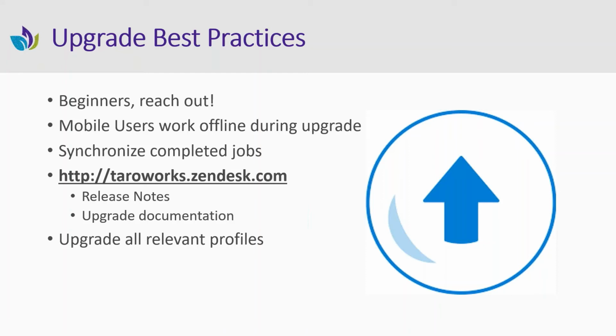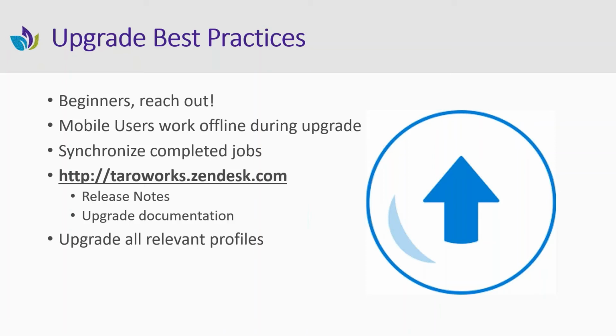So that is our site with the release notes and upgrade documentation. It's always advisable to read our release notes before you do an upgrade. And mainly the reason that we offer to walk you through this upgrade process is to ensure that you're upgrading all the relevant security profiles. When we create new features, that could involve new permissions that are required to use those features.